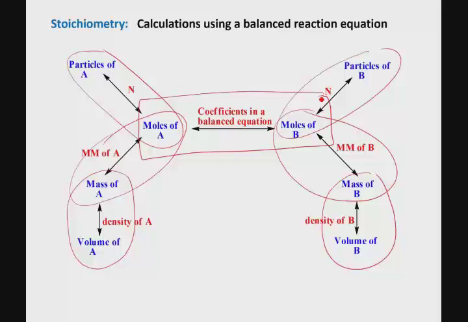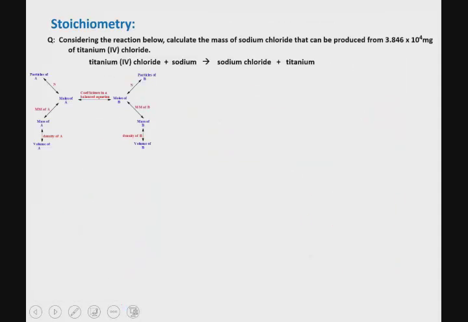So if A and B are two substances that are part of the same chemical process, the same chemical equation, then this picture works. In other words, we can go from any part of this picture to any other part of this picture, and those calculations are called stoichiometry. So let's look at an example of such a calculation.